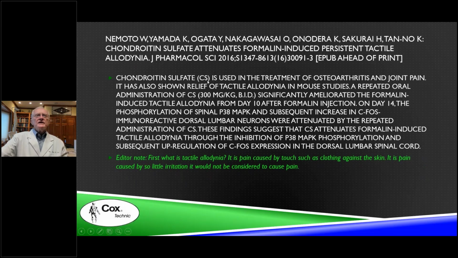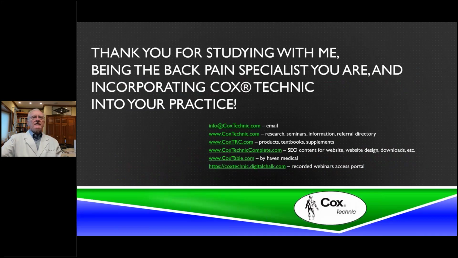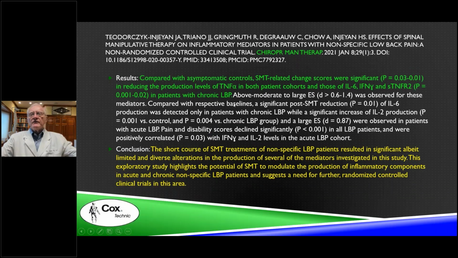So here we use chondroitin sulfate. This is chondroitin sulfate. I first started using this in 1966 when I first got really into treating back pain. But it is the treatment of osteoarthritis and joint pain. We also put these people on a very short course of turmeric root.